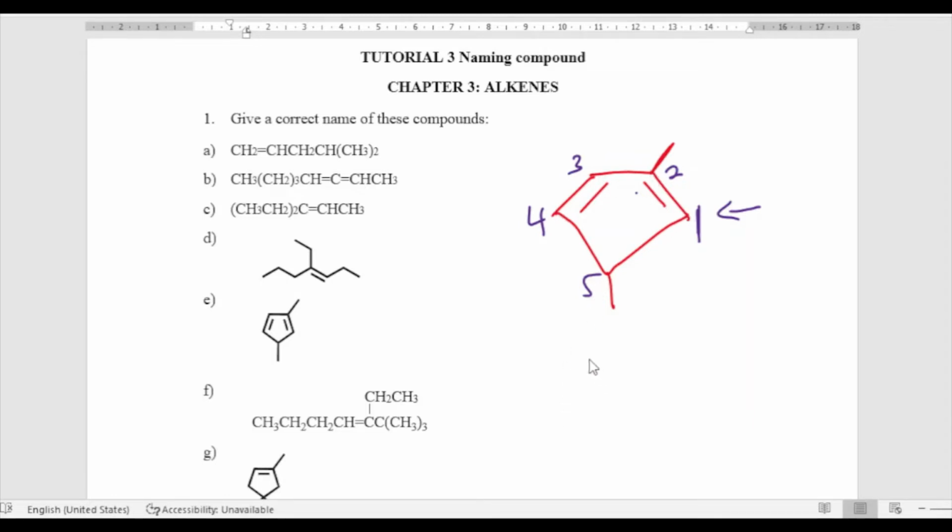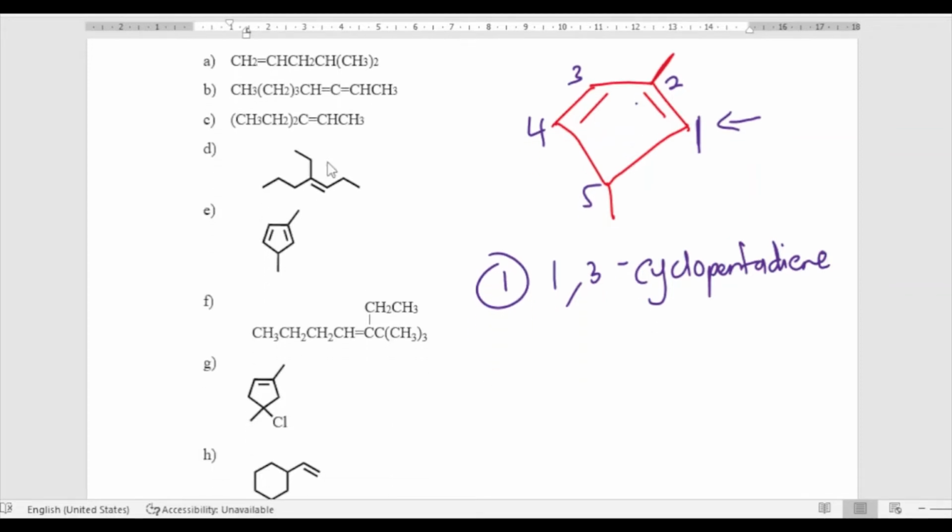So the parent name will be cyclopentadiene, with double bonds at carbon number 1 and carbon number 3. So this is the parent chain, the longest chain.